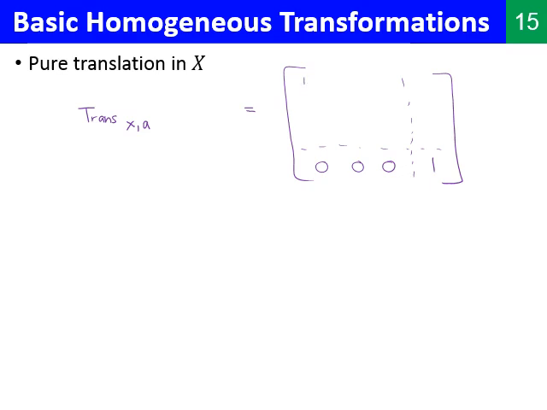So here we have the identity matrix. What about the translation? It says pure translation in x-axis A distance, so that would give me A 0 0. Simple as that. Now we have a basic homogeneous transformation matrix for pure translation in x-axis.